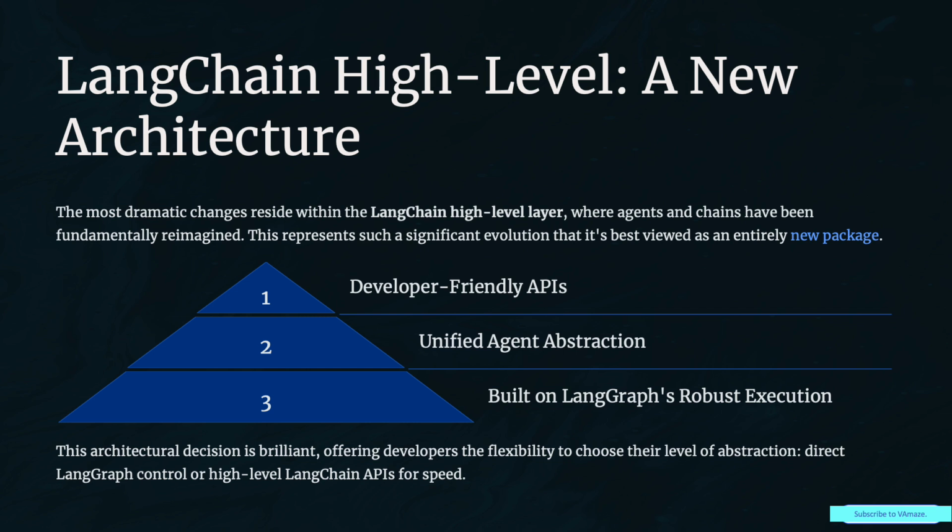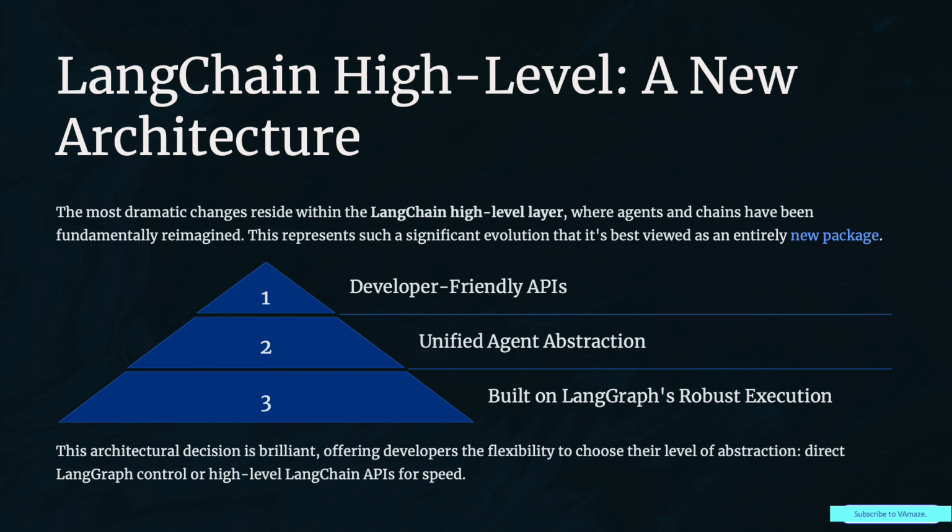LangChain high-level, complete transformation. The most dramatic changes come at the LangChain high-level layer, where agents and chains have been fundamentally reimagined. This represents such a significant evolution that developers should think of LangChain 1.0 as essentially a new package. The new architecture centers around a unified agent abstraction built on top of LangGraph.